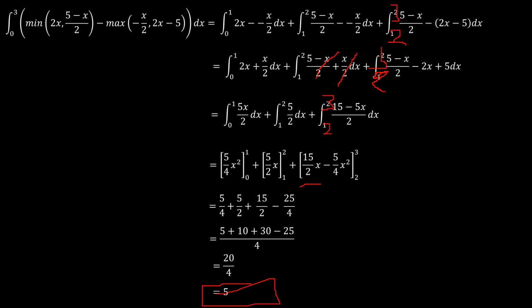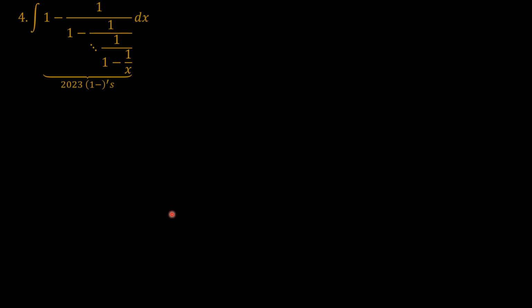Okay. The next problem is quite interesting, and that is these nested fractions. And so one way of looking at it is you first of all look at the first 1 minus.